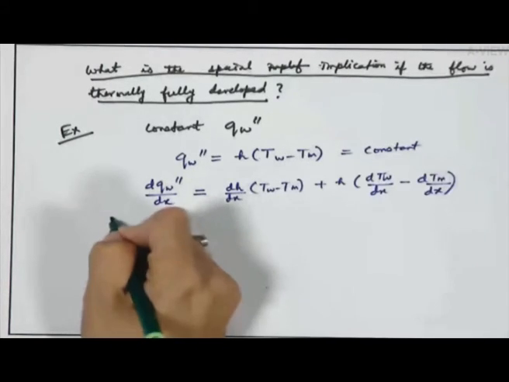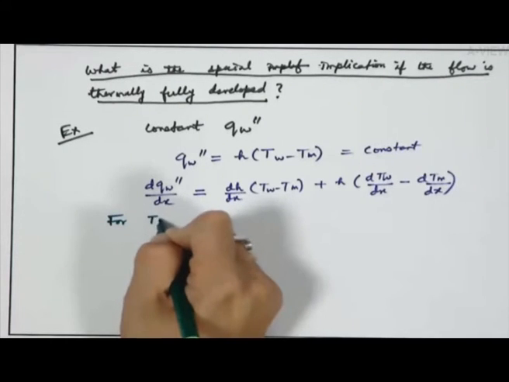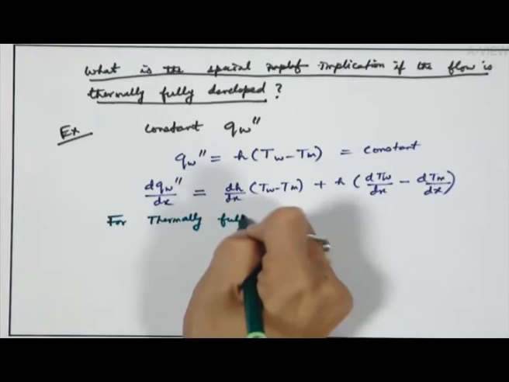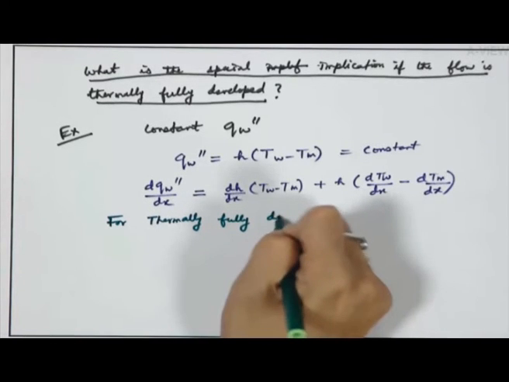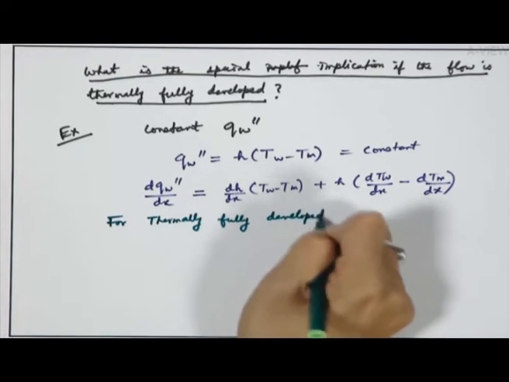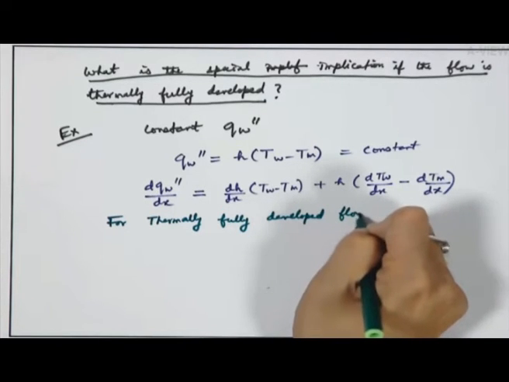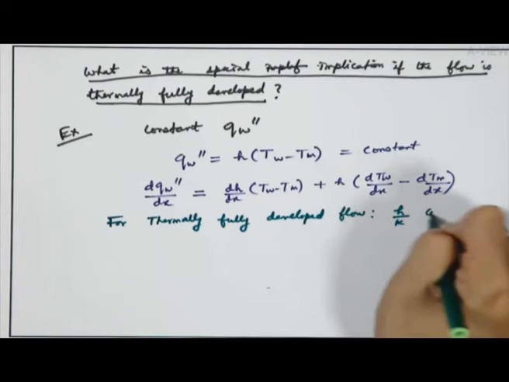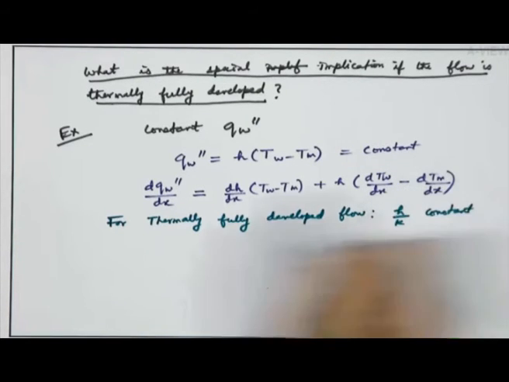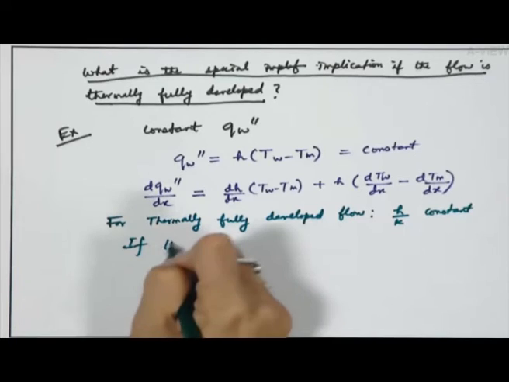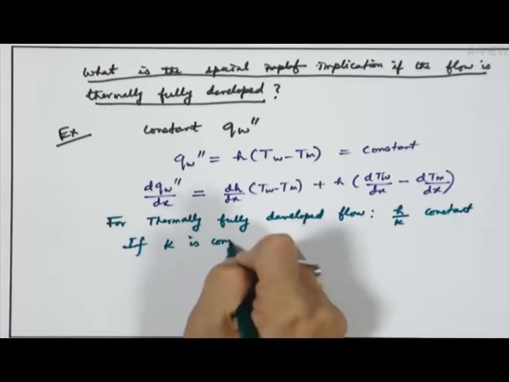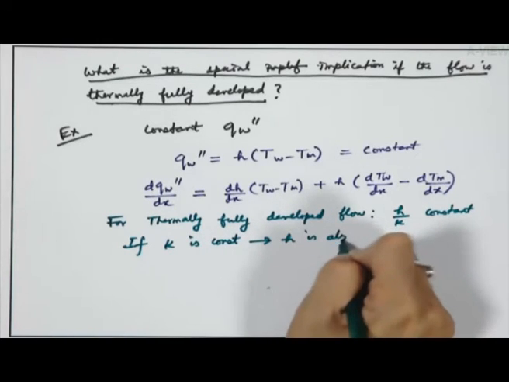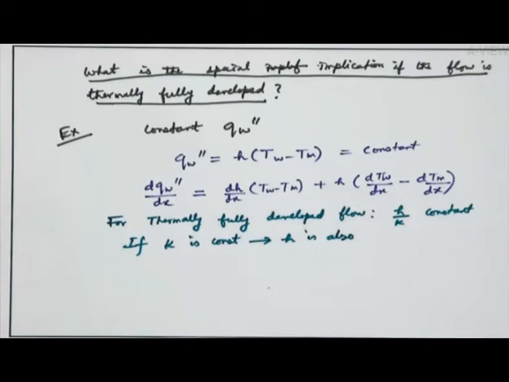Now for thermally fully developed flow, H by K is constant. So if K is constant, this is very important, then H is also constant, otherwise H by K is constant is the fundamental.